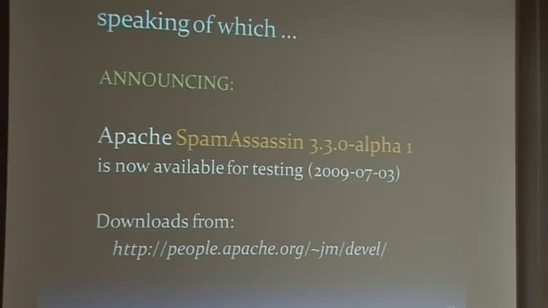Now that we mentioned SpamAssassin, let me take the opportunity to announce, speaking as a project management committee member of SpamAssassin, that today the 3.3.0 alpha was made publicly available. It is downloadable from this directory. It's also in the mailing list announcement.